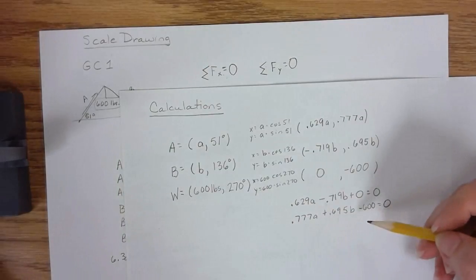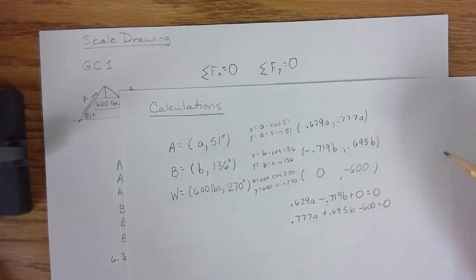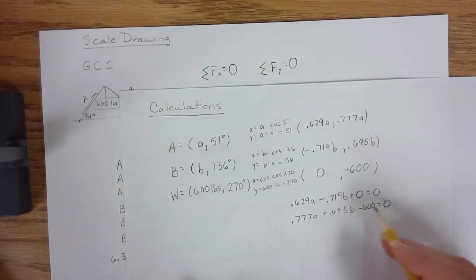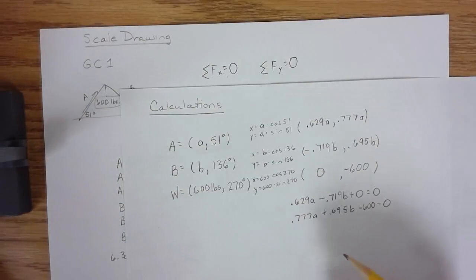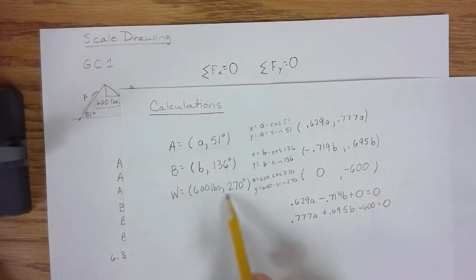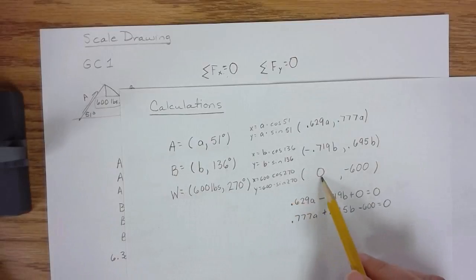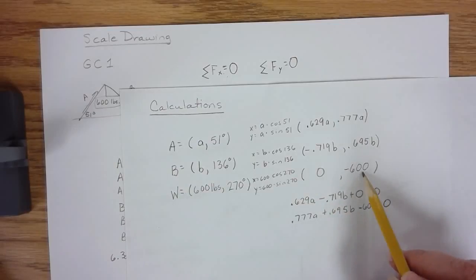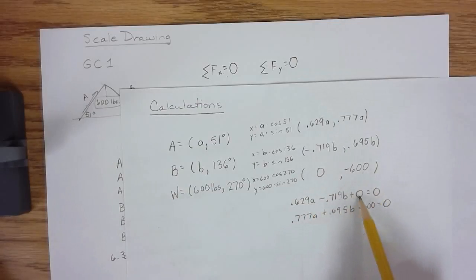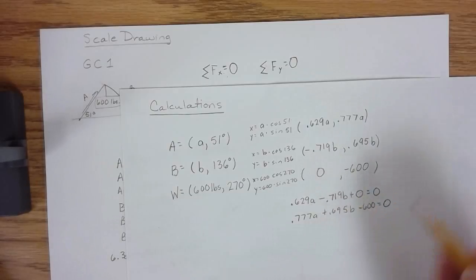Now, as you go through these, and the more you do them, you can adjust some things that happen every single time. For instance, you may not want to type this in every time, because this vector is always going to be 0 and the negative weight. This equation is always going to end up with a plus 0 on the end, so maybe you don't even want to write that down.